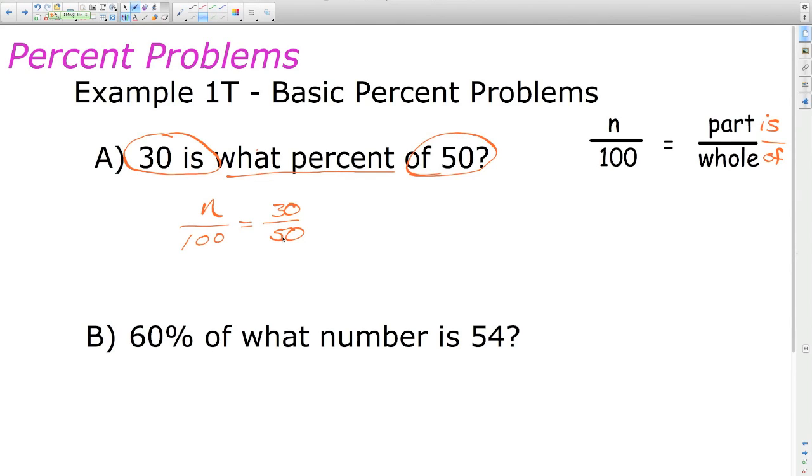We solve this proportion. 50 times n is 50n. 100 times 30 is 3,000. Then we divide each side by 50. n is equal to 60. That's a percent, or a percentage, 60%.